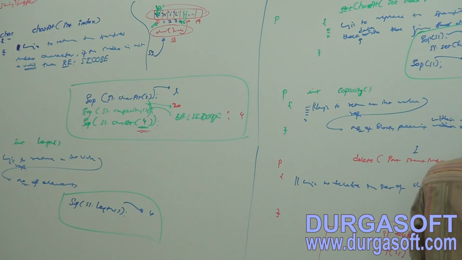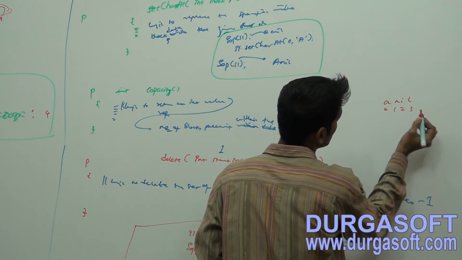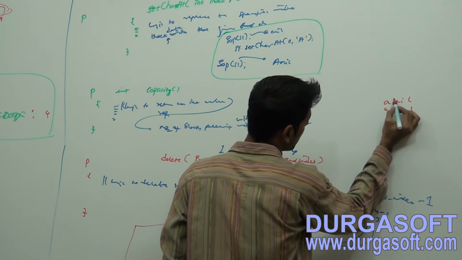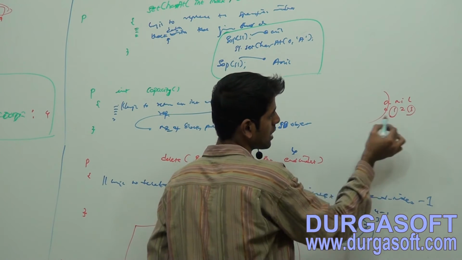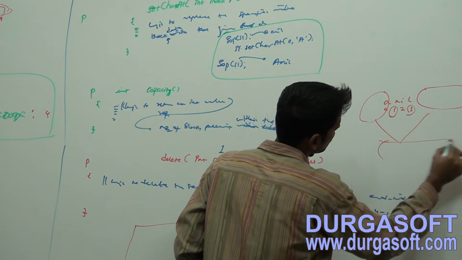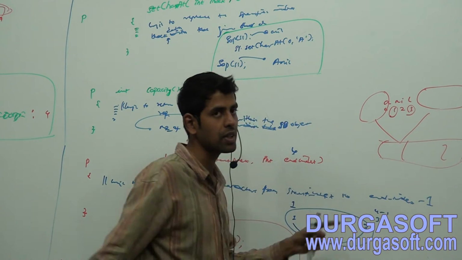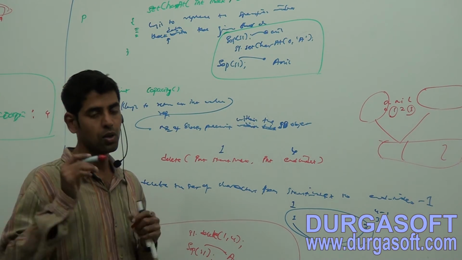Observe here, if you have ANIL with indexes 0 1 2 3, now the start index is 1 and the end index is 4. You have to take this data and the remaining data, and create one new char array for these two.